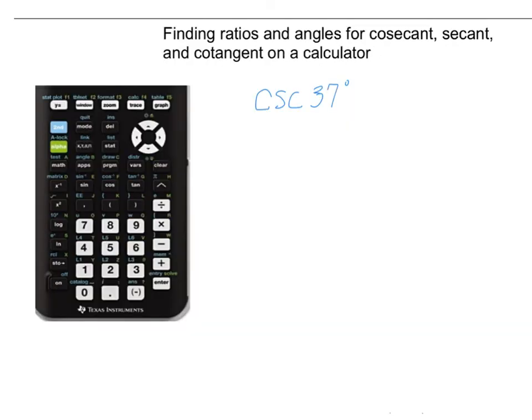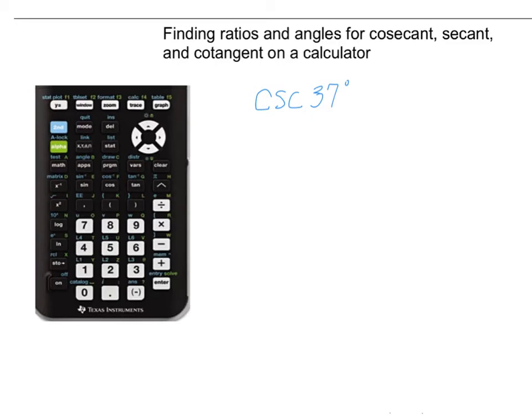Note that there are no keys on a calculator for the cosecant, secant, or cotangent functions. To find them, we have to use the fact that sine and cosecant are reciprocals of each other. Okay? There are different ways to find, for example, the cosecant of 37 degrees. And you see I have it written here.